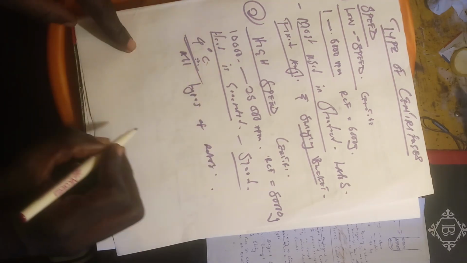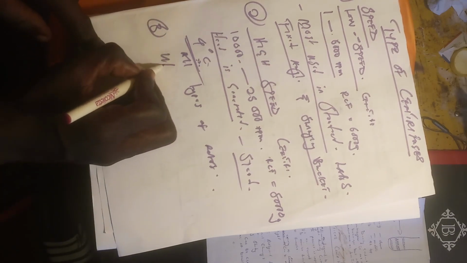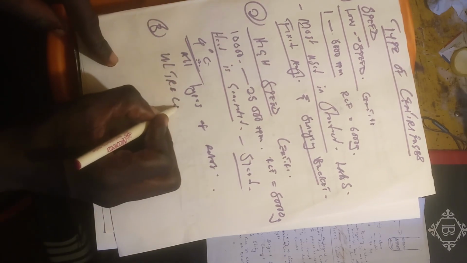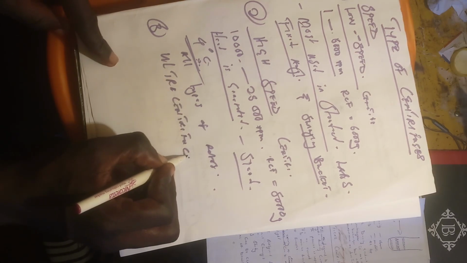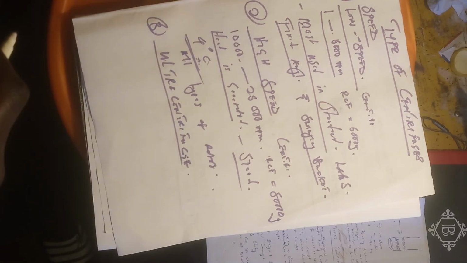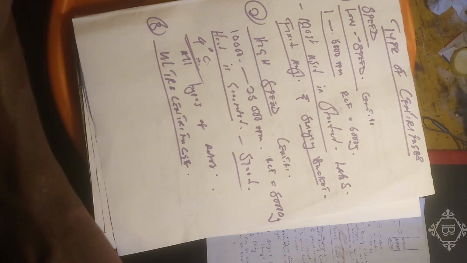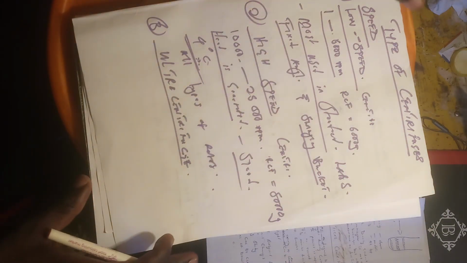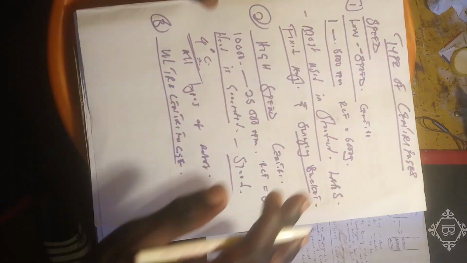The third type of centrifuge is the ultracentrifuge. So ultra, we know what it means. It has unlimited speed. Let's not say unlimited, but let's just say very, very, very high speed.